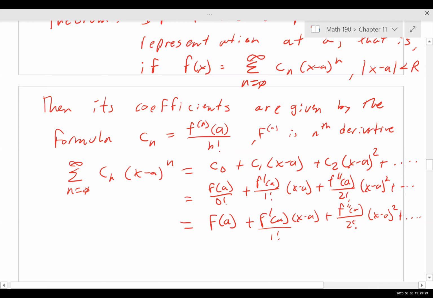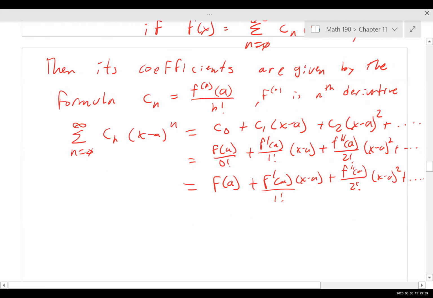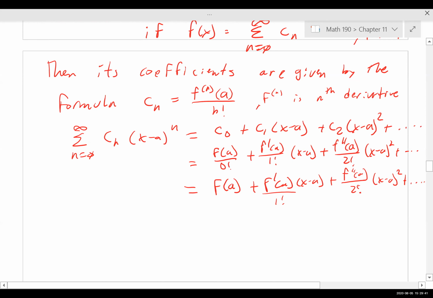What we call this is a Taylor series. If it looks like this, it's called a Taylor series. It's a power series, but it's a Taylor series centered at a.